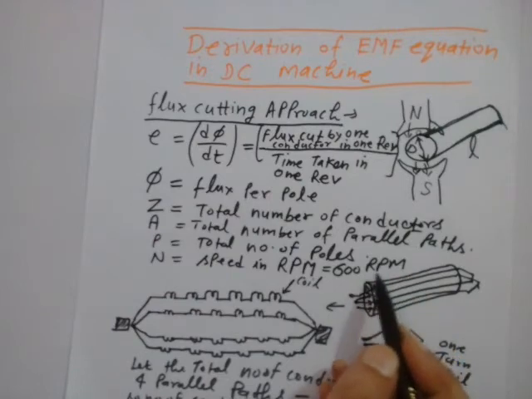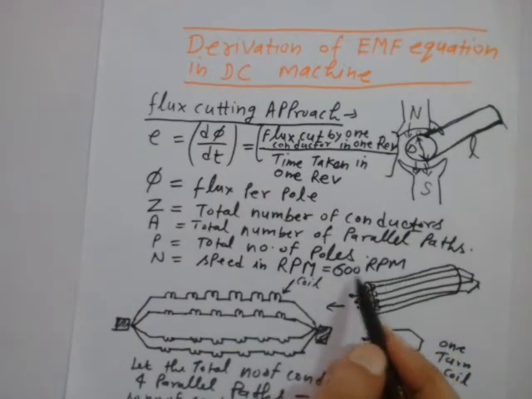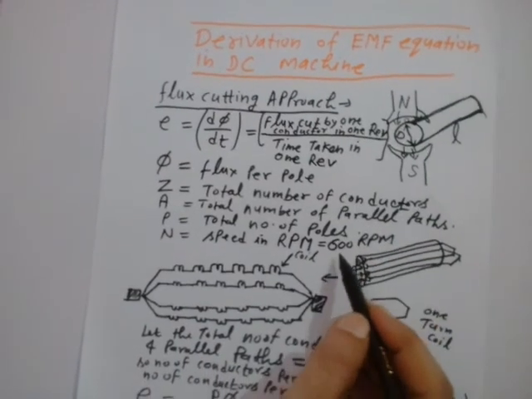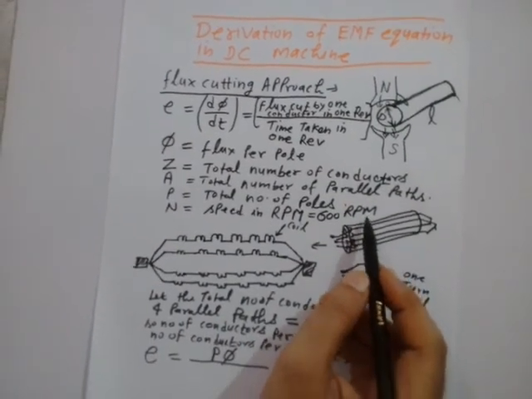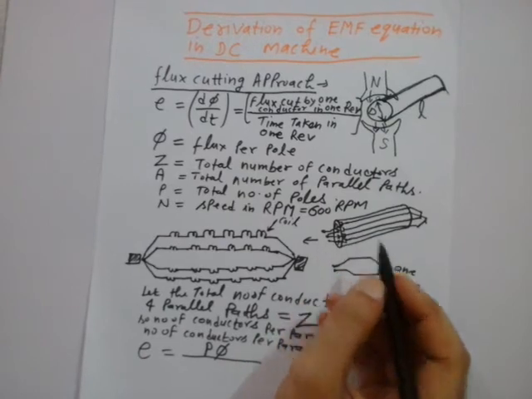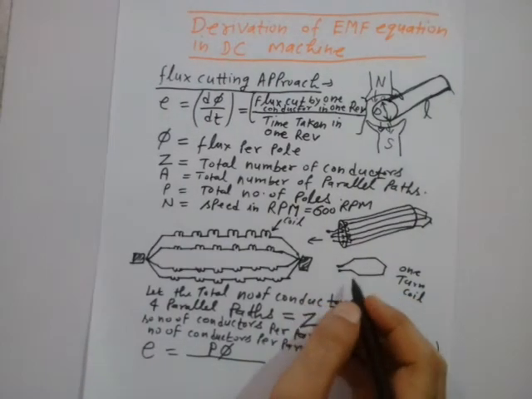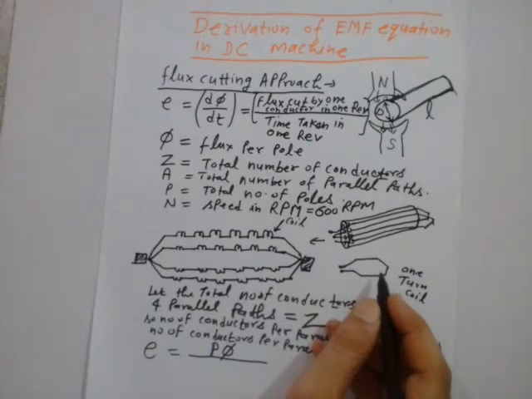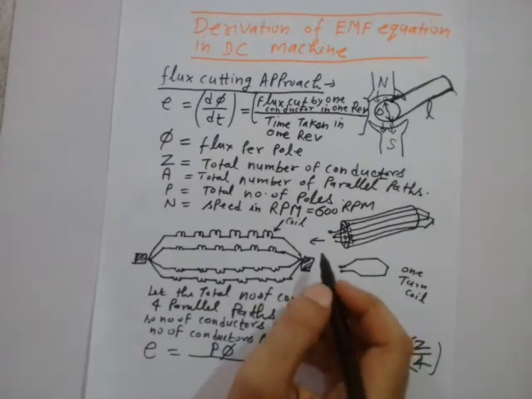That is the meaning of revolutions per minute. So 600 revolutions will take 1 minute or 60 seconds. So one revolution will take how many seconds? 60 by 600, right?